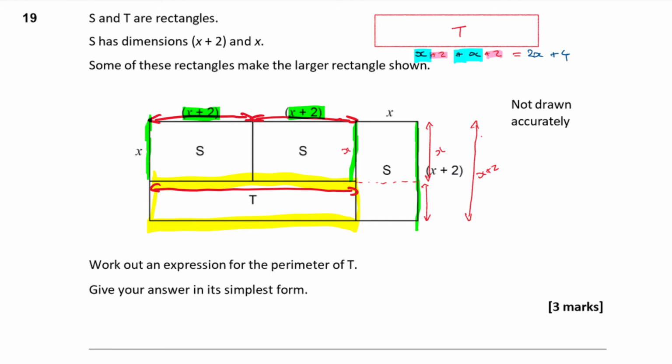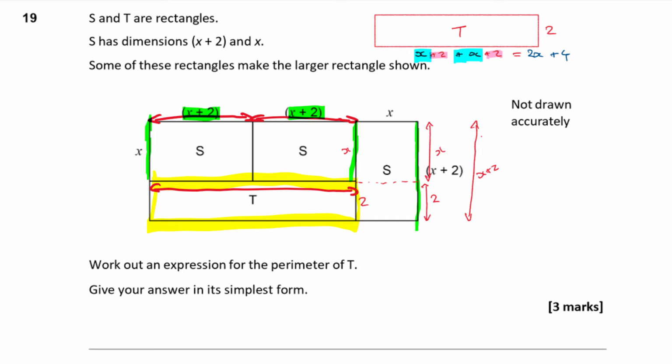So what is the difference between x plus 2 and x? That means that this bit down here must be the plus 2. If that's the x part, then this must be the plus 2 down here. So that means that's 2, that means that's 2, and that means the side of my T rectangle is 2 there. Okay, so now I know both sides of my rectangle.